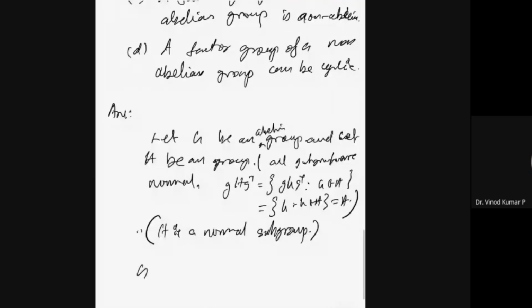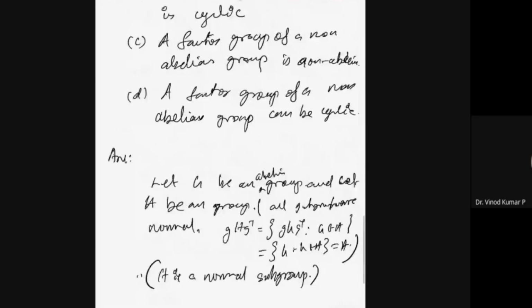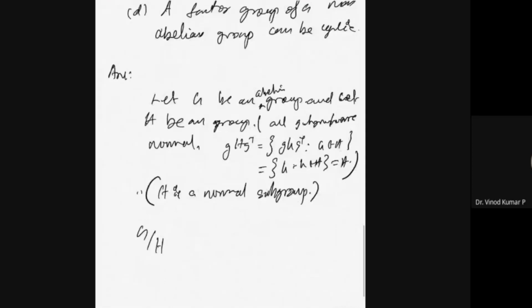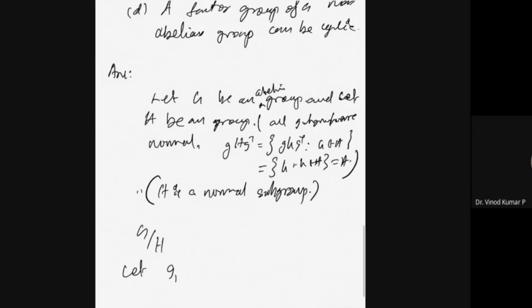So you consider G by H, then it will be a group, the quotient group. You take two elements from the group, let's say g1H and g2H.